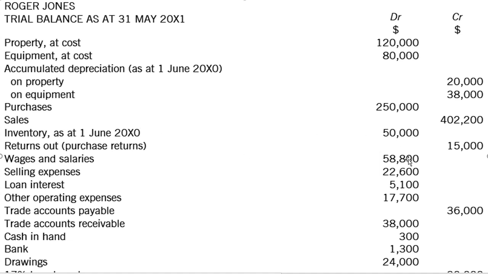These are purchases returns. 15,000. Wages, these are expenses, 58,800. Selling expenses, 22,600. Loan interest, this is finance cost. We have just mentioned it. 5,100. Other operating expenses, 17,700.